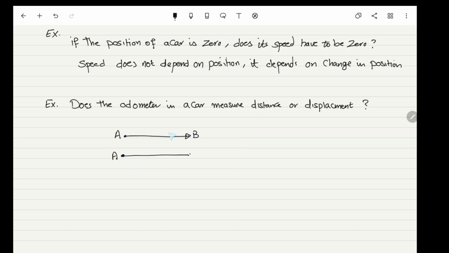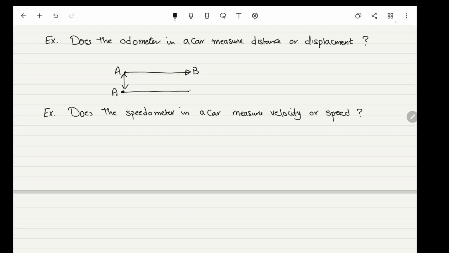The total distance doesn't measure the displacement. Displacement here is equal to 0 because you start from A and you end up at A. The final position is the same as the initial position.